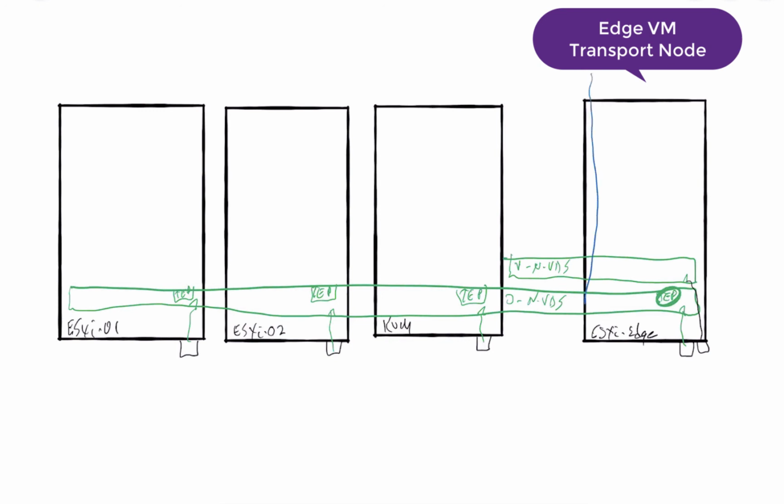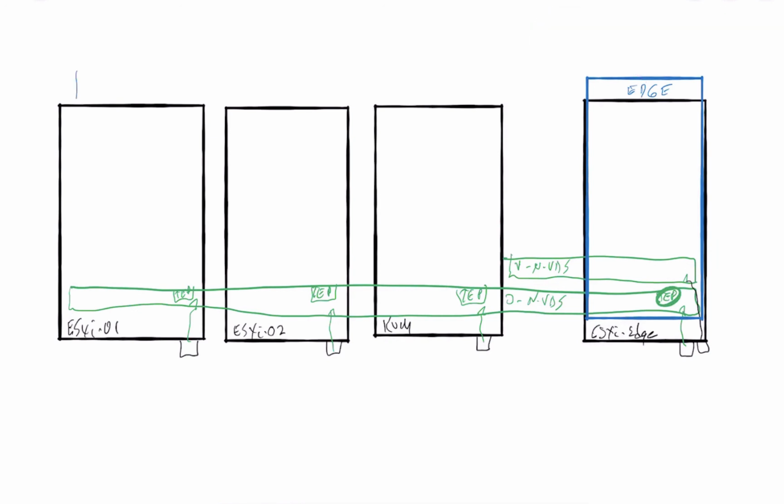That's for the edge, it can only be on an ESXi, the edge transport node. So I'm overlaying that onto the ESXi hosting the edge node. And you see that both of those are going to be listed there.